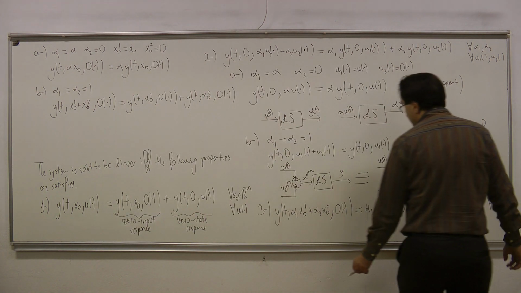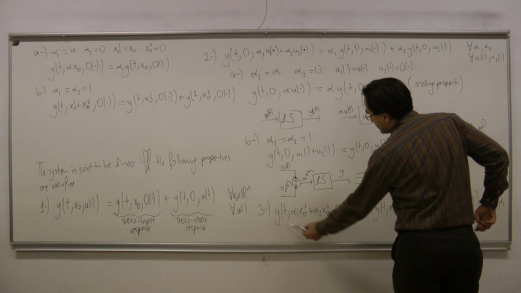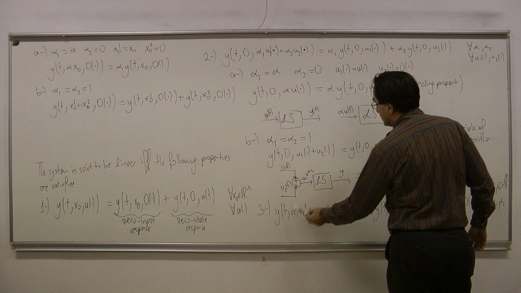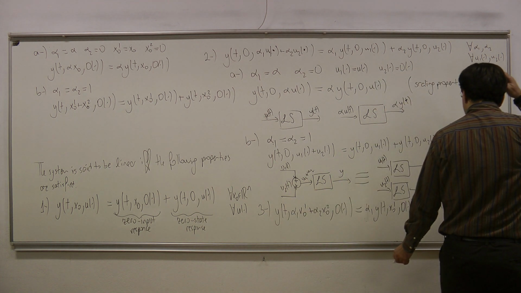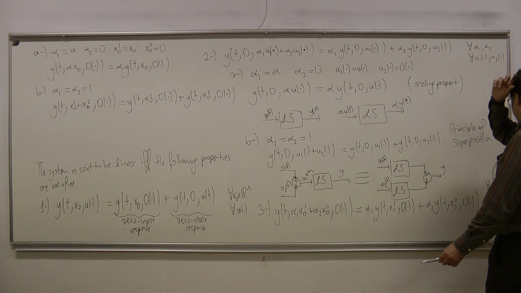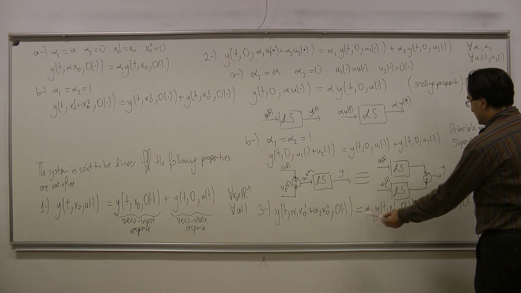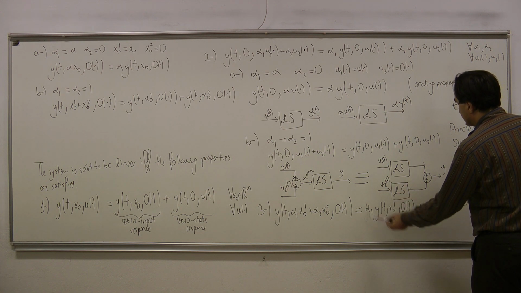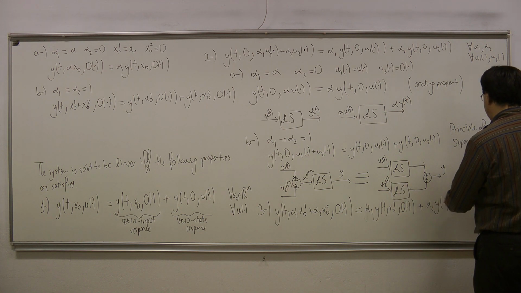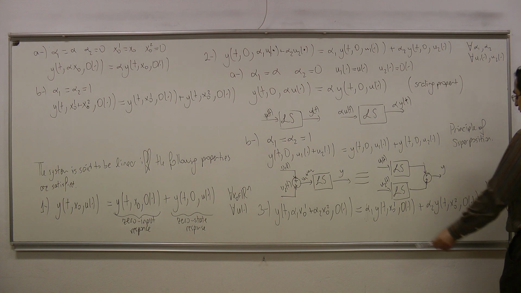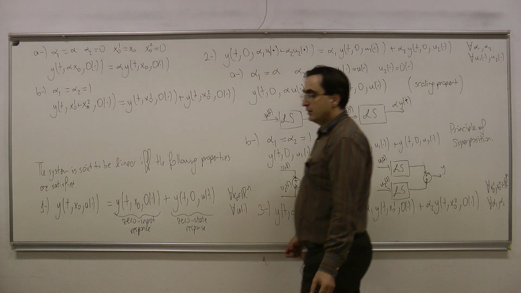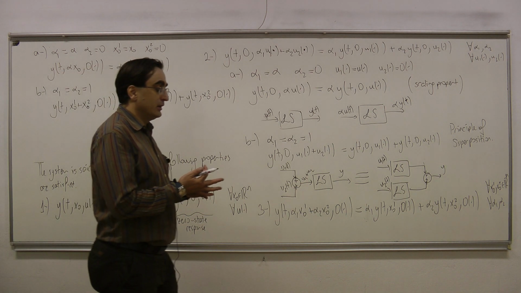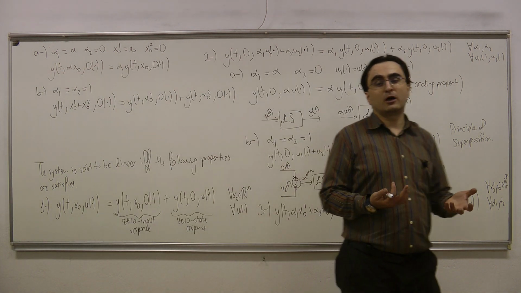And this tells me that if you started with a linear combination of some initial conditions, the output would be the same linear combination of zero input responses when the system is initialized with these individual initial conditions.